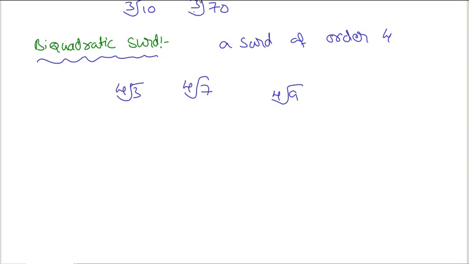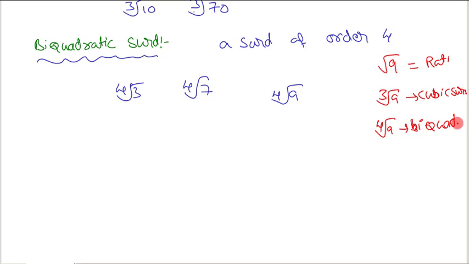Here you need to understand that the square root of 9 is not a surd, it is a rational number, but the cube root of 9 is a cubic surd, and the 4th root of 9 is a biquadratic surd. Okay, is it clear?